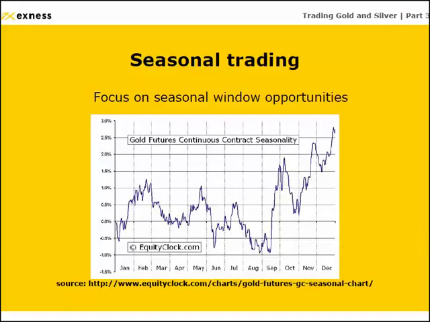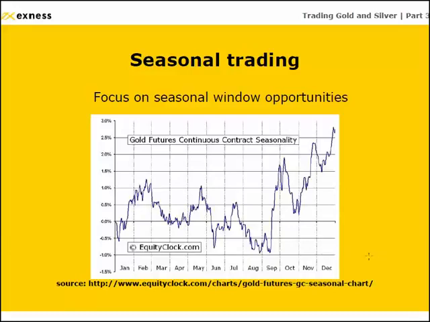If you analyze 10, 15, 20 or 30 years of performance of an instrument, you may see that it has probabilities of growing or declining within a single month. In other words, over a period of 15 or 20 years, gold was rising statistically in September, and it was declining statistically in June. You may find these statistics on the web by the link that you see here.